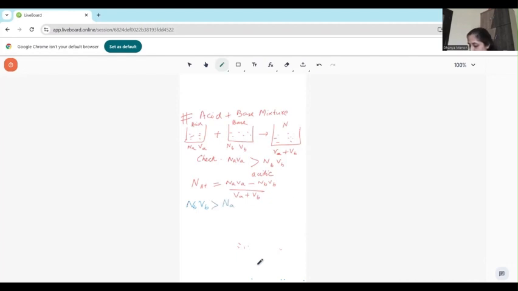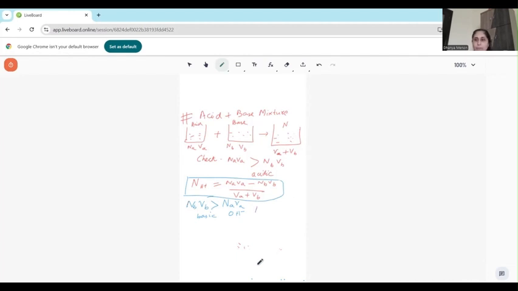That means it will have more of what kind of ions? OH minus ions. It is basic. So in that case, how to write the formula? I think you will be able to write it yourself. When do you use this formula? When you find that the gram equivalents of base is more than that of the acid.